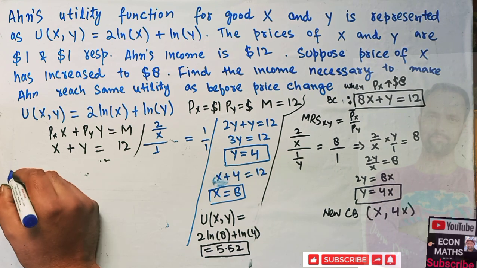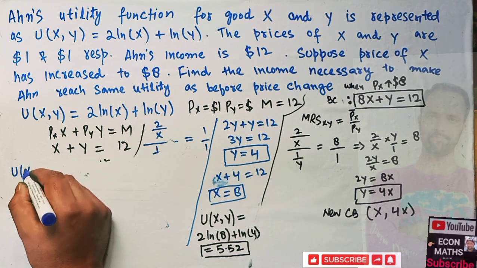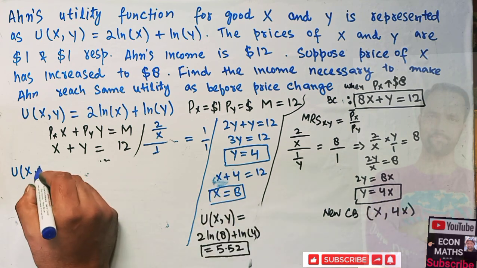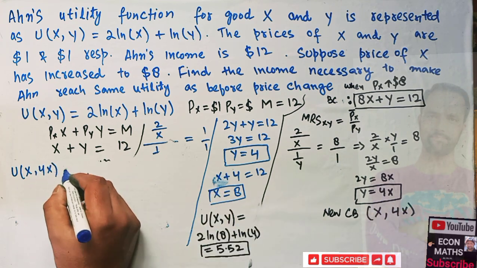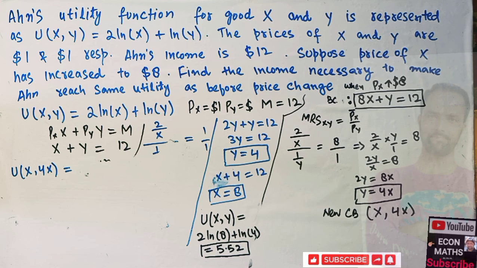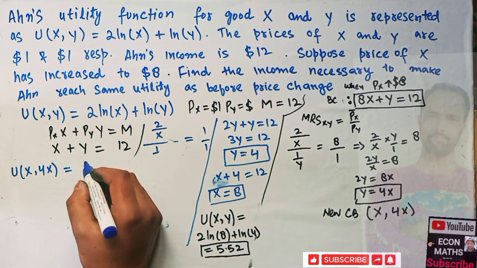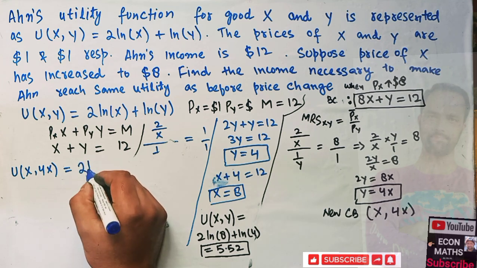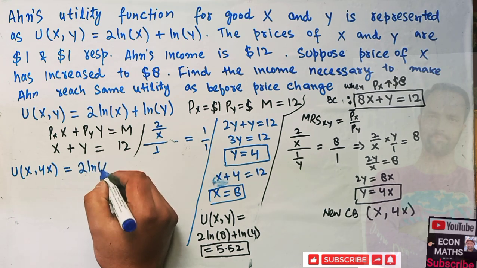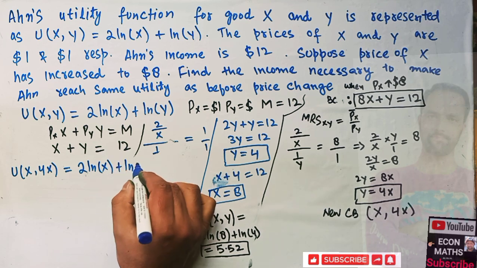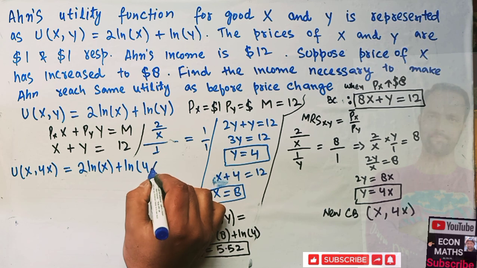That means utility of x, in place of y we have 4x, should be equal to twice ln of x, plus ln of 4x.